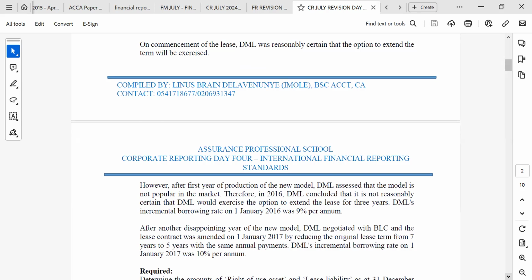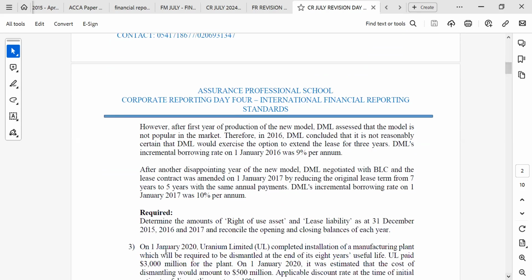Yes. Okay, so since they are asking you to do this for every year, the reassessment will be done at 1st January 2016. But if they are only asking you to show for 2015, you know that 31st December is the same as 1st January, isn't it? So you do the reassessment at the end of this year.